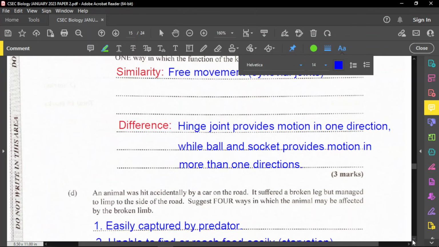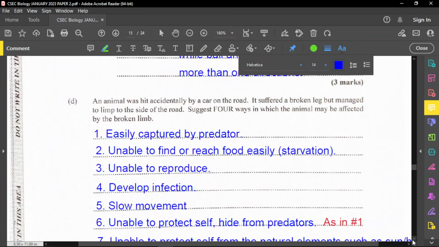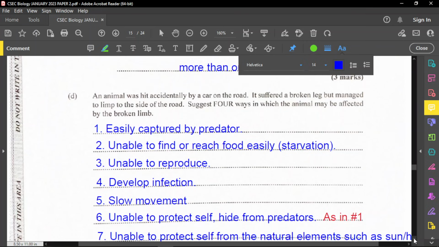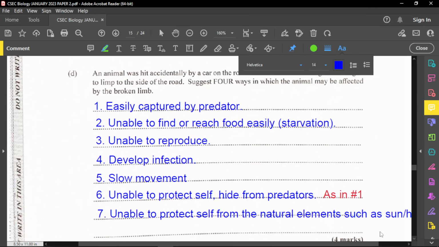All right, for part D, it's an animal was hit accidentally by a car on the road. It suffered a broken leg, but managed to limp to the side of the road. It suggests 4 ways in which the animal may be affected by the broken limb. Like any organism in any ecosystem, if you are not fit enough, then a number of things may happen to you.